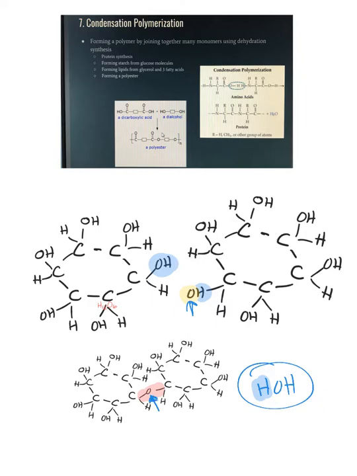So that's condensation polymerization. Repeating units of monomers joined together to make a polymer. Poly meaning many. And what are these things? They're things like proteins and starches. If I put another glucose after this and worked with this OH, it would become a very long chain of glucose molecules.